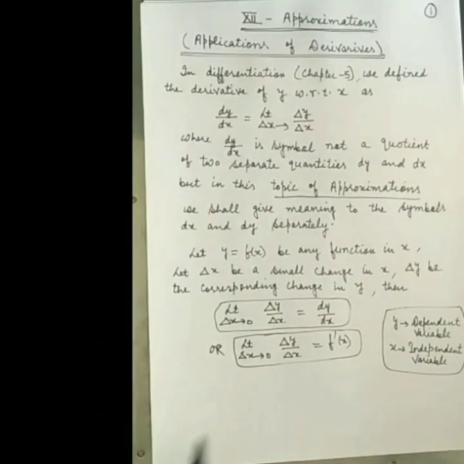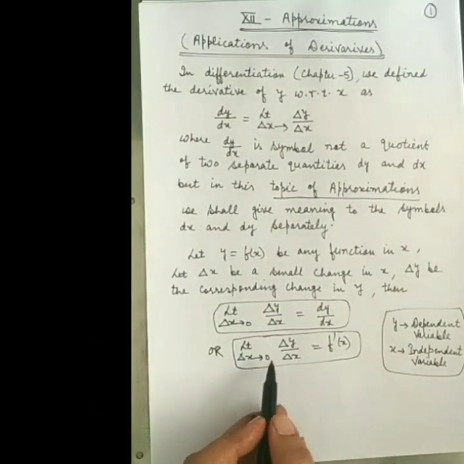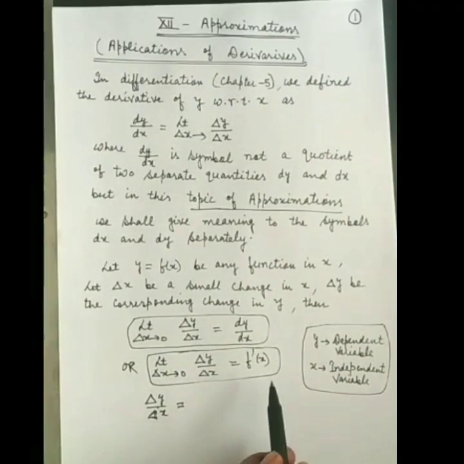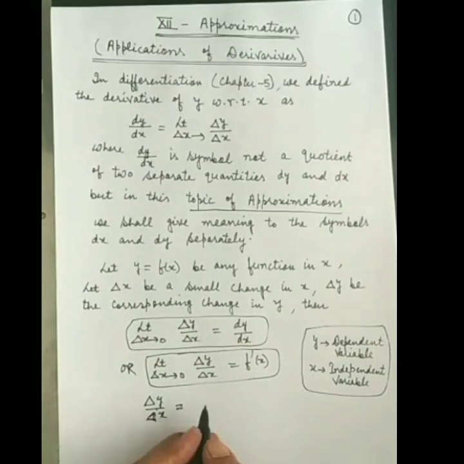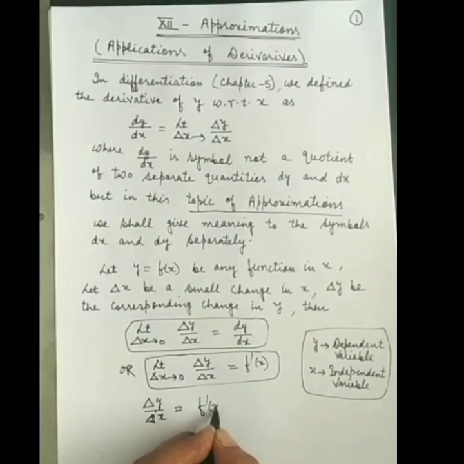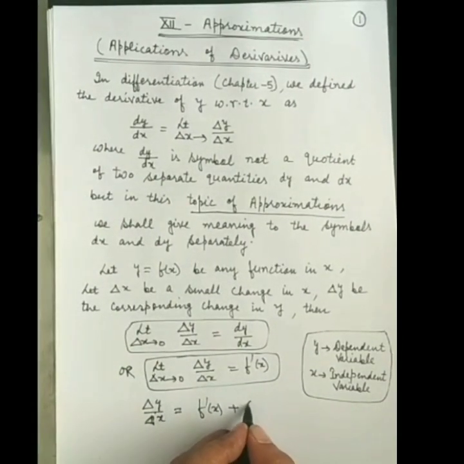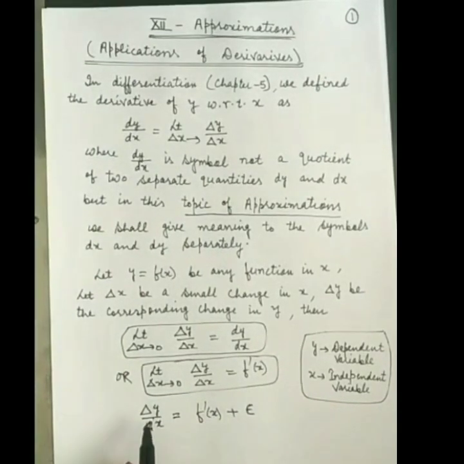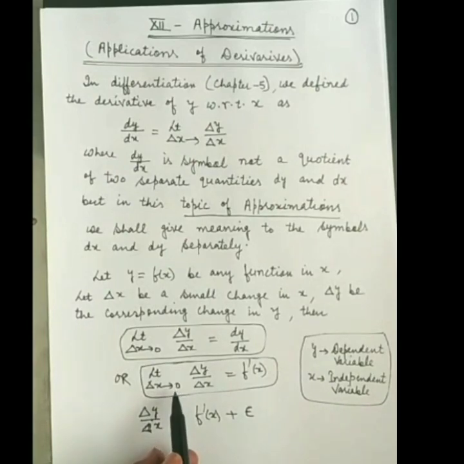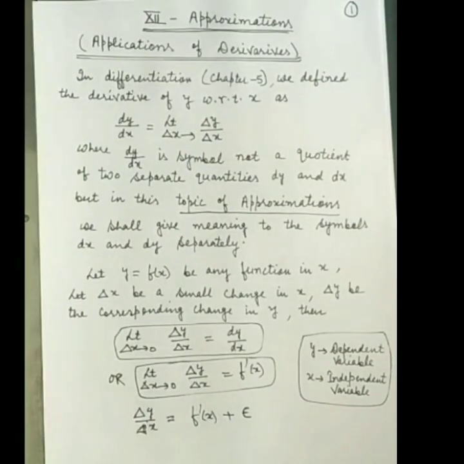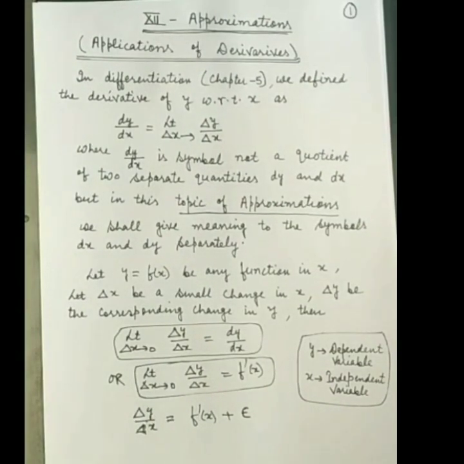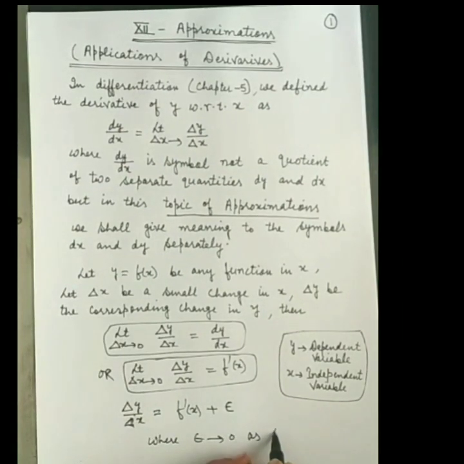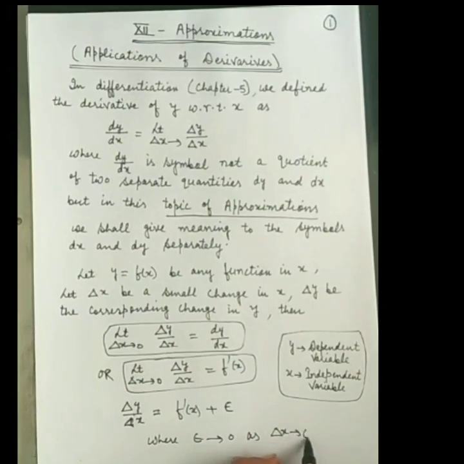So children, if I remove limit from here, then what will be the right hand side? It will be f dash x plus epsilon. Epsilon is so small because delta x is approximately equal to 0, a very small quantity. Epsilon tends to 0 as delta x tends to 0.